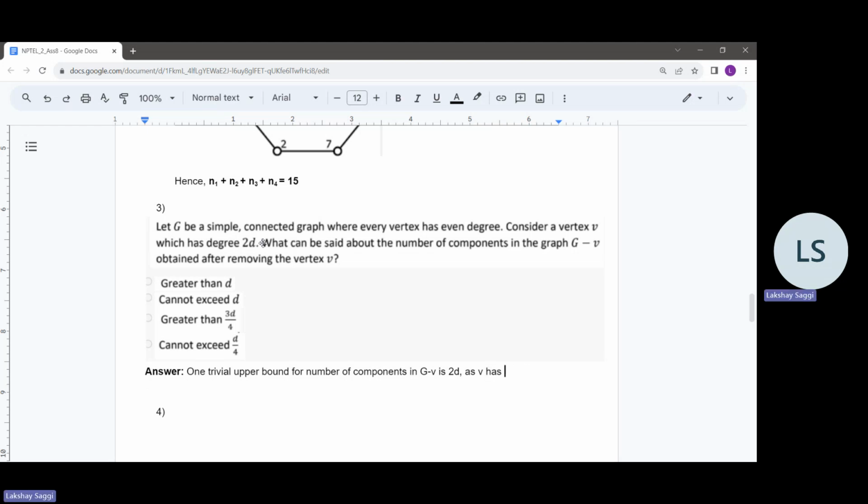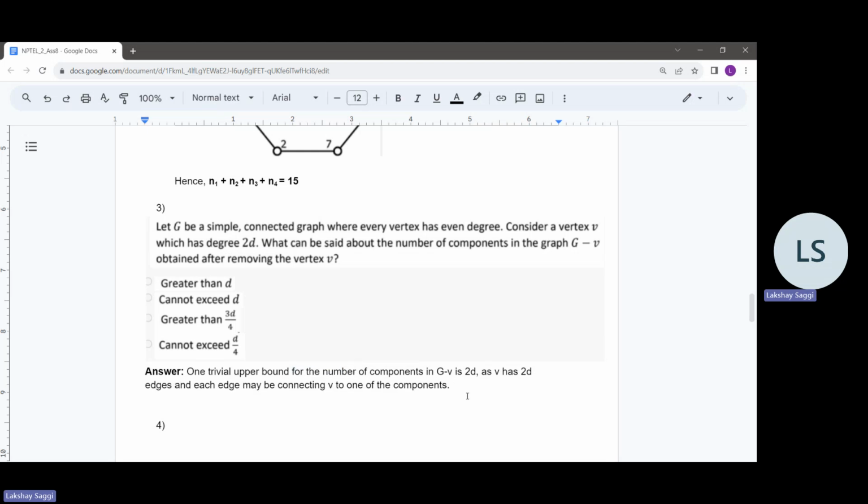So as V has 2D edges, and each of those edges may be connecting V to one of the components.